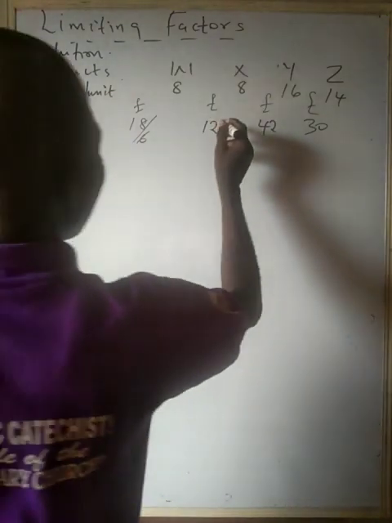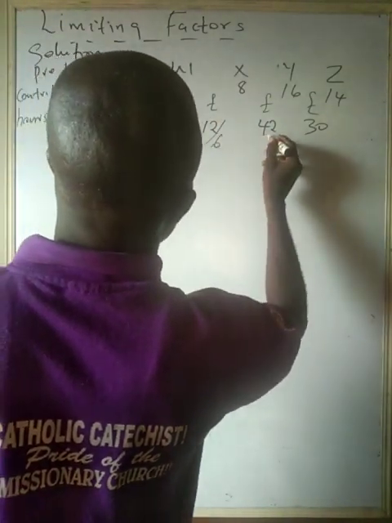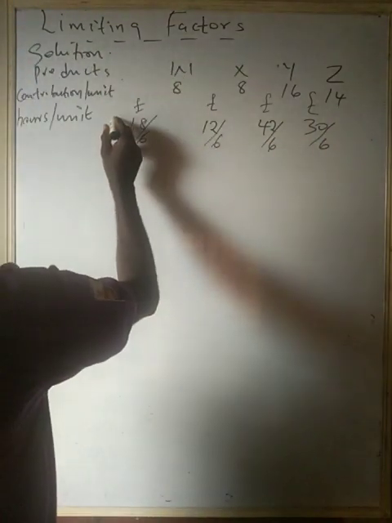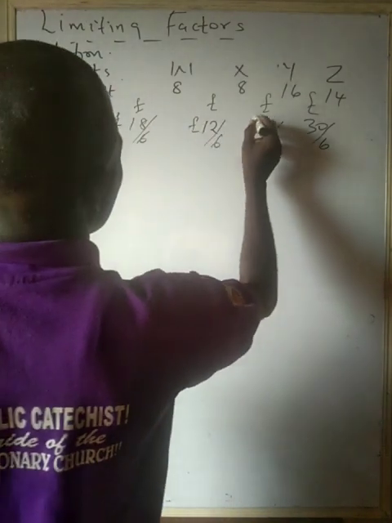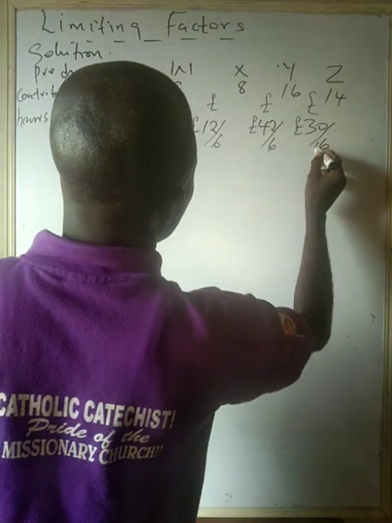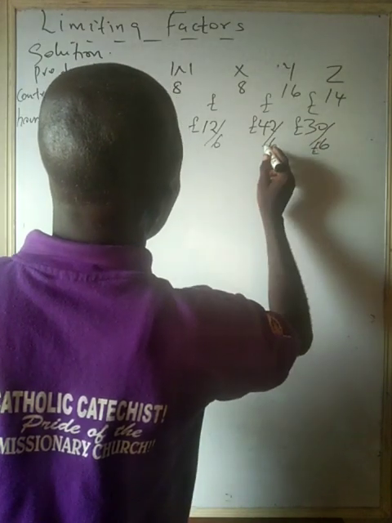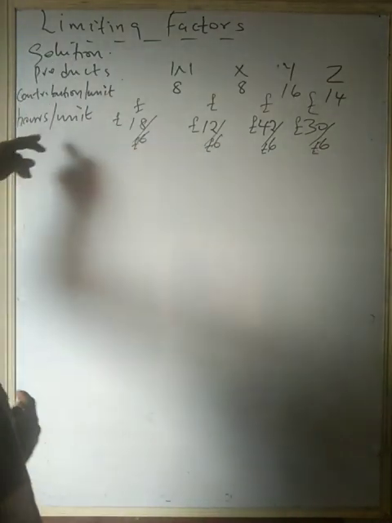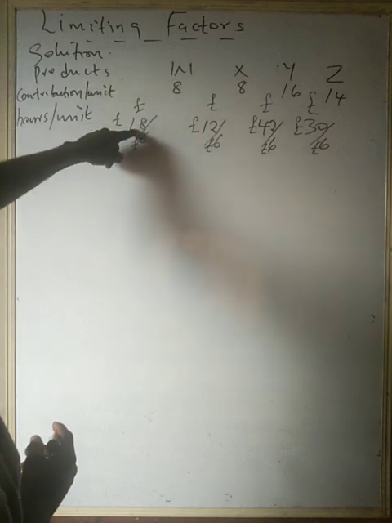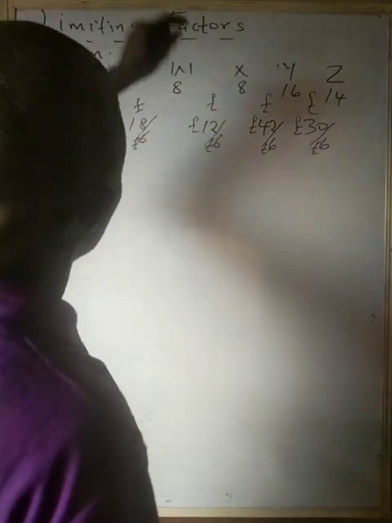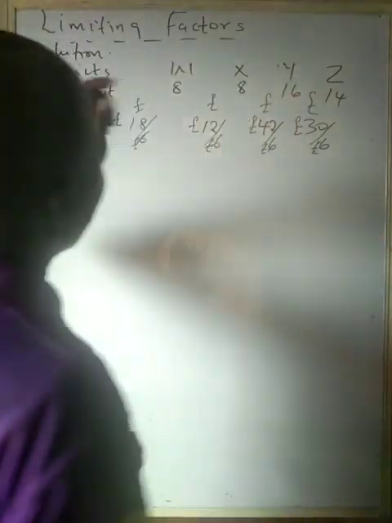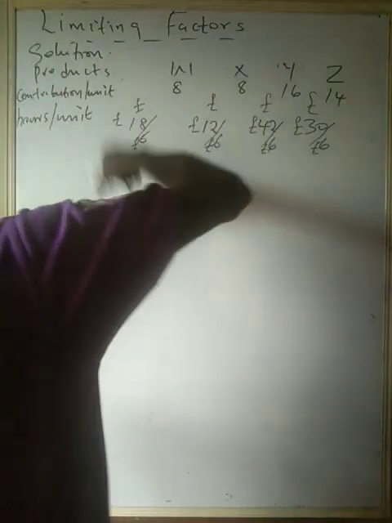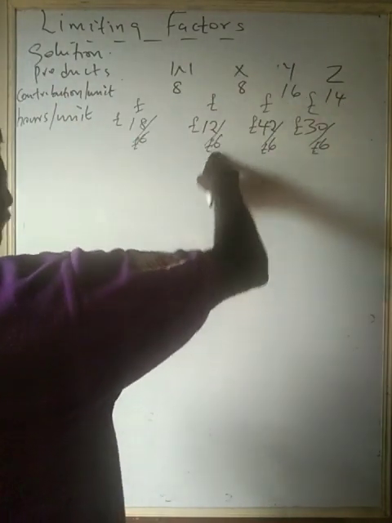So 18 pounds, 12 pounds, 42 pounds, 30 pounds, each divided by 6 pounds per hour.